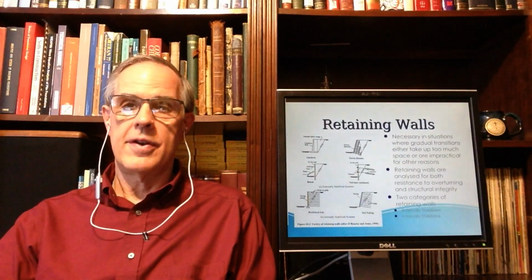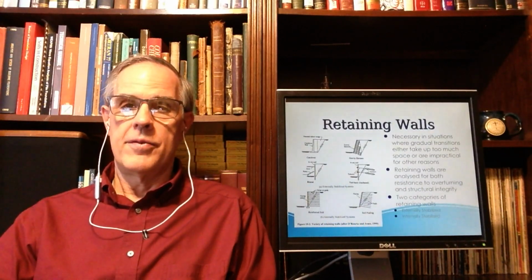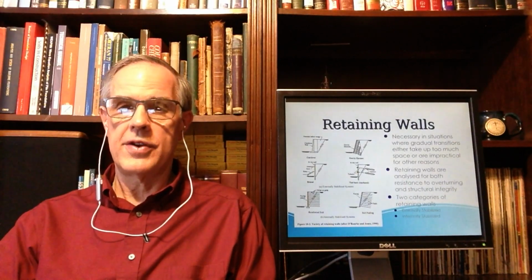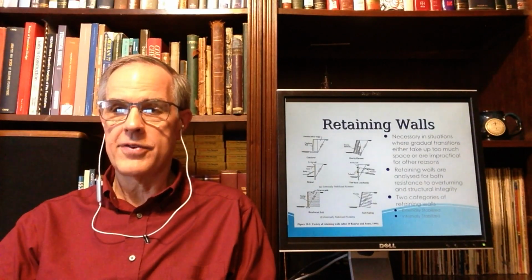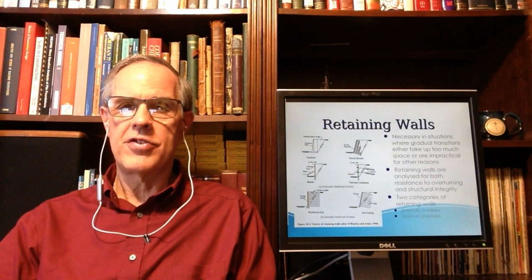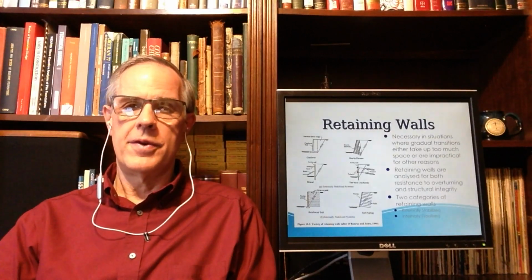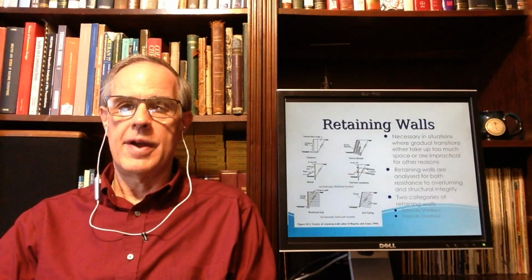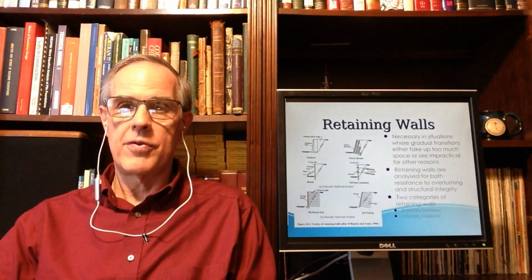As I mentioned last time, retaining walls are necessary in situations where a gradual transition either takes too much space or is impractical for other reasons. Ideally, a nice smooth slope would be ideal for any change of elevation. But frequently we don't have room for it.